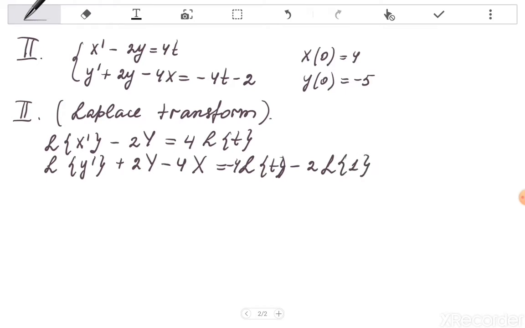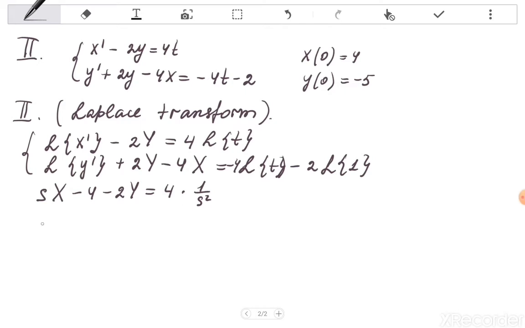So we know the Laplace transform of derivative property. We know that the Laplace transform of the derivative is s times the Laplace transform of the function x minus x of 0. So this is 4. Minus 2Y is 4. And the Laplace transform of t is 1 over s squared.